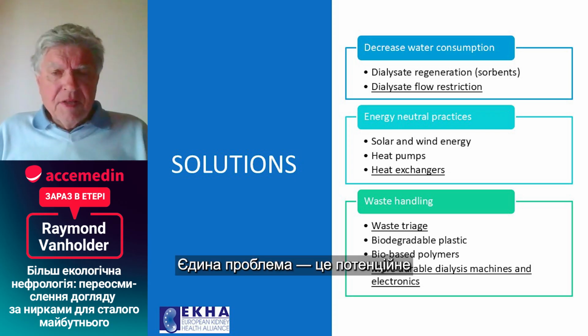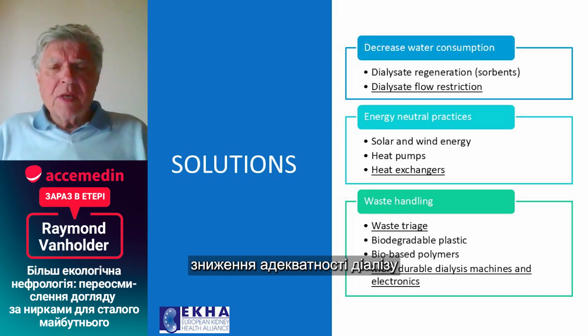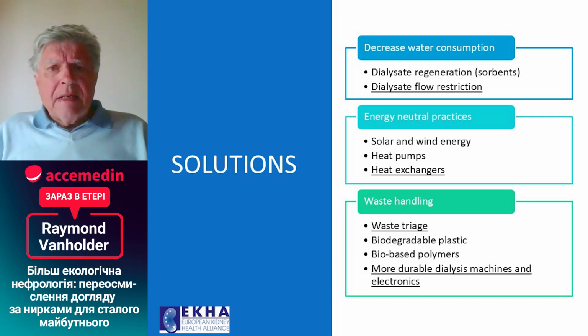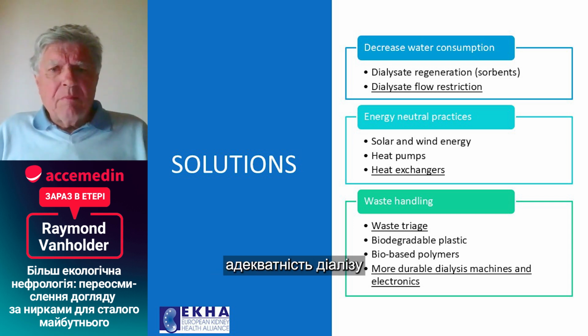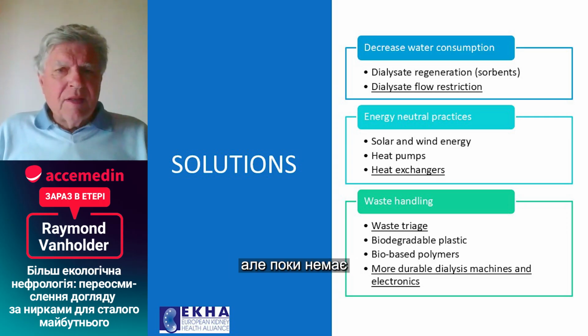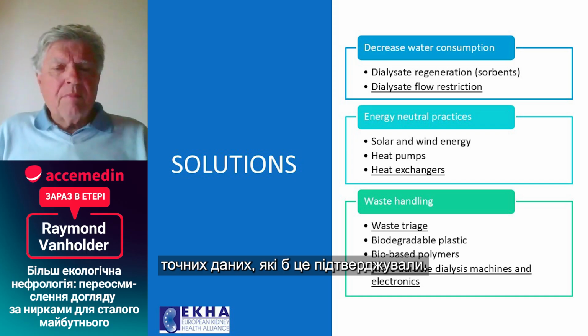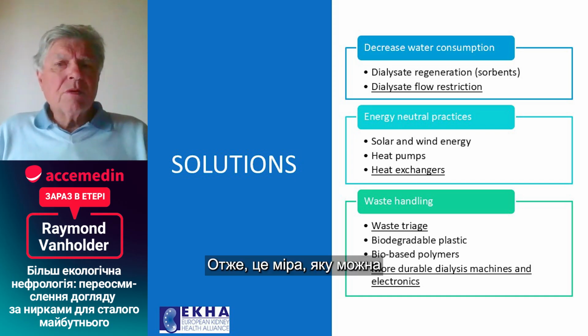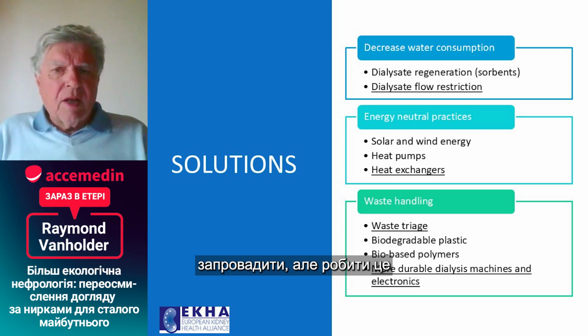The only problem is that one is also reducing adequacy of dialysis. In general, my impression is that the impact on adequacy of dialysis is very minimal, but real exact data showing that this is the case are for the time being missing. So this is a measure that can be taken, but it needs to be done very carefully.